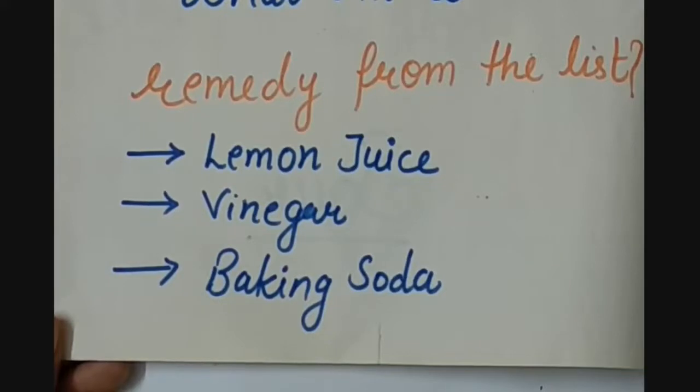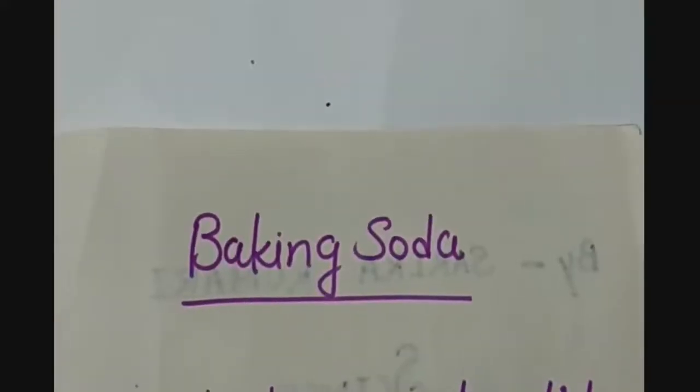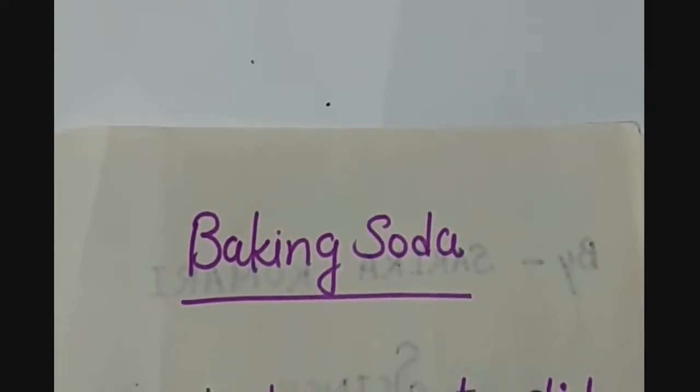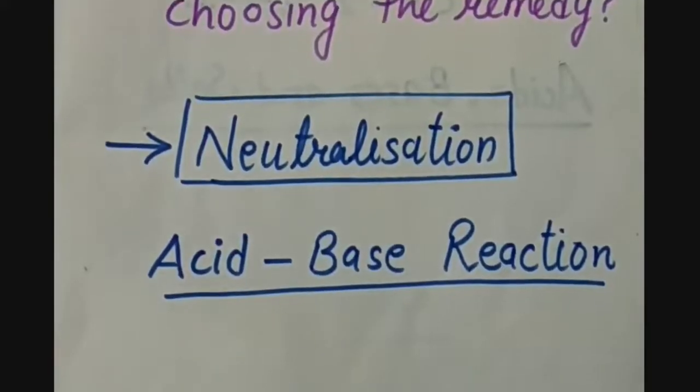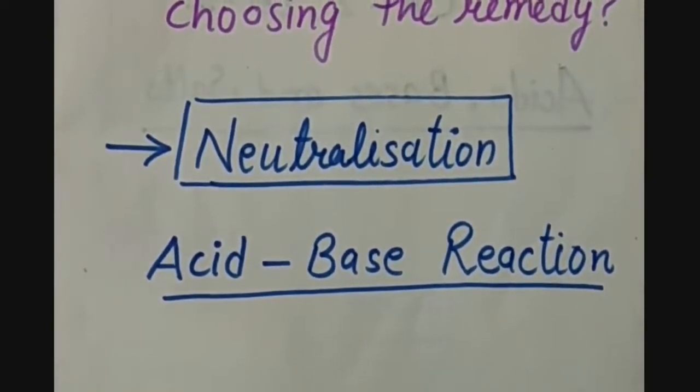Lemon juice, vinegar or baking soda? I hope your answer is baking soda. Which property did you think of while choosing the remedy? Of course, neutralization, as we have studied in our first lecture, acid-base reactions.